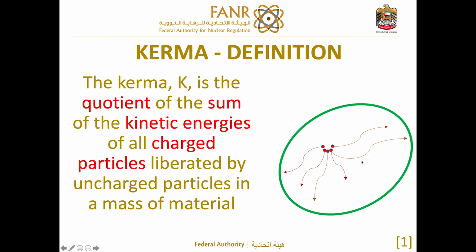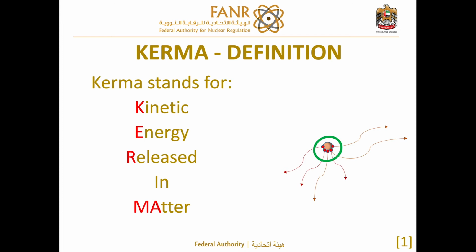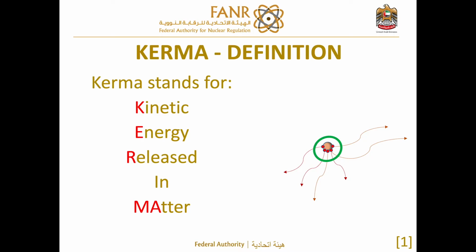We will need to divide the sum of all those initial kinetic energies by the mass, dm, of the material where all these particles are being liberated and slowed down. Actually, the acronym kerma helps you to remember and understand the definition of this quantity, because kerma stands for kinetic energy released in matter.